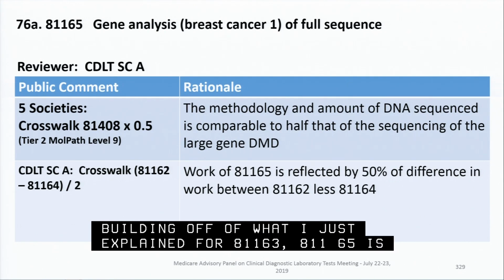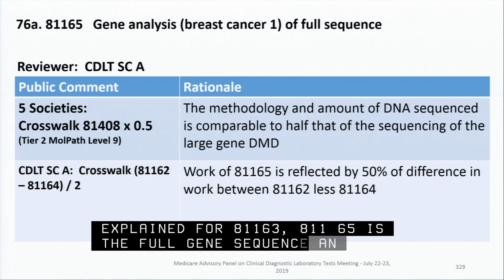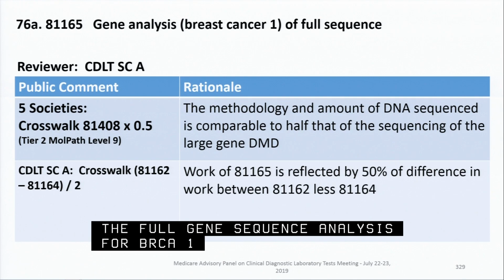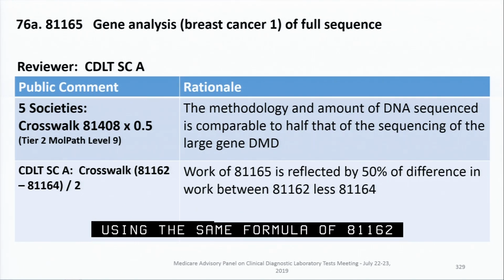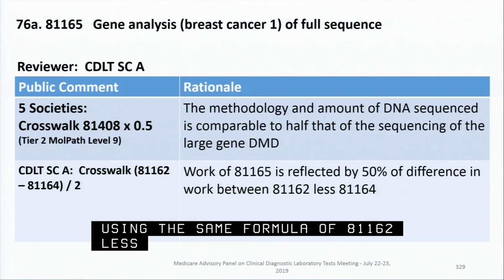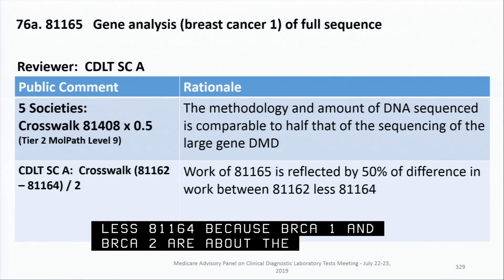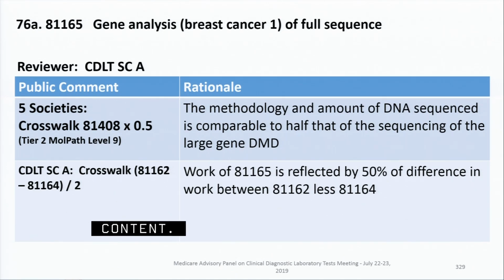So using the same formula of 81162 less 81164, we then divided that in half because BRCA1 and BRCA2 are about the same number of exon content. So our recommendation for 81165 is 81162 less 81164 all of that divided by 2.